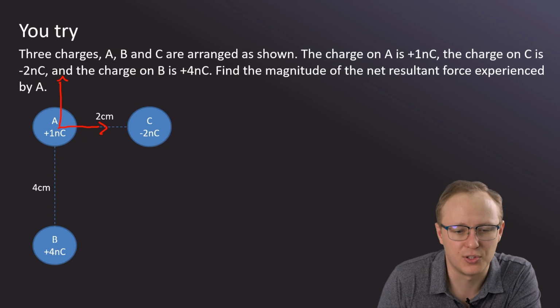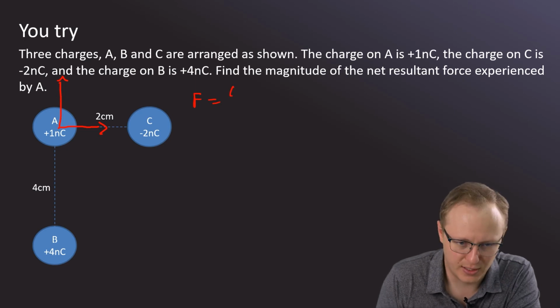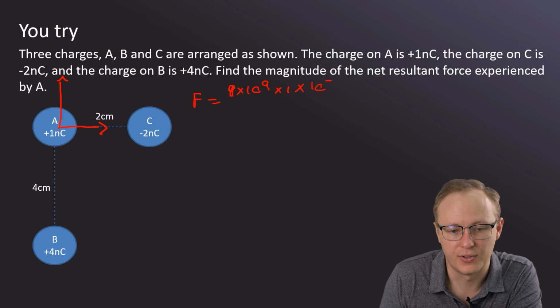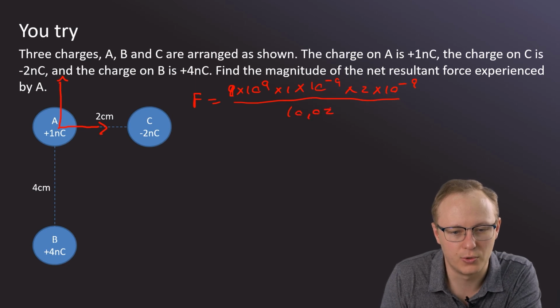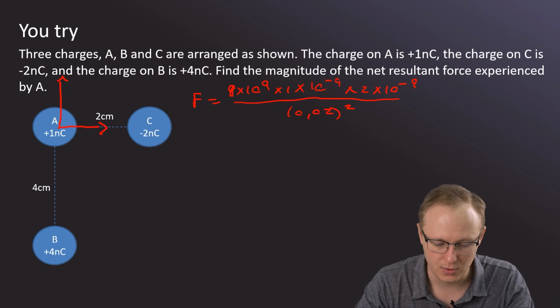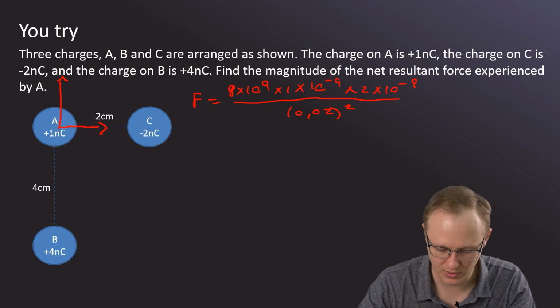So then we have to use Coulomb's law as before. So F is equal to kQ1Q2 over r squared, and I'm just going to save us some time and write this down. 9 times 10 to the 9 times 1 times 10 to the -9 times 2 times 10 to the -9, and then that is divided by 0.02 squared, because I've got to change the centimeters to meters.